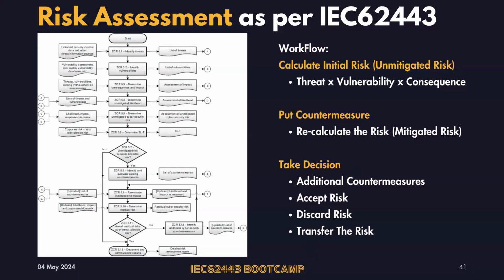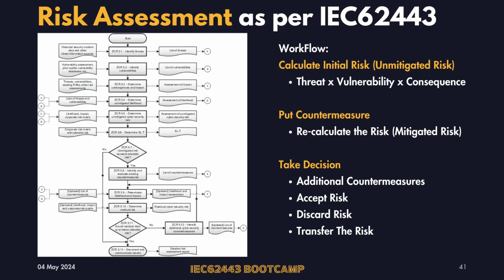What it talks about is you have to identify the threats, identify the vulnerabilities, then determine the consequence and the impacts, and determine the unmitigated likelihood. This is a little bit confusing, but I'll try to map this with the Excel sheet so then you will understand it better.